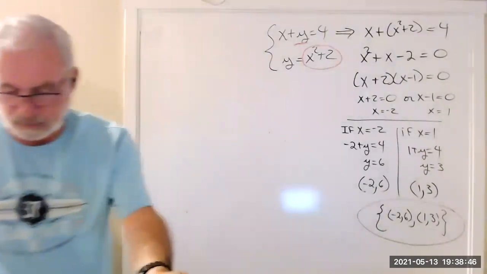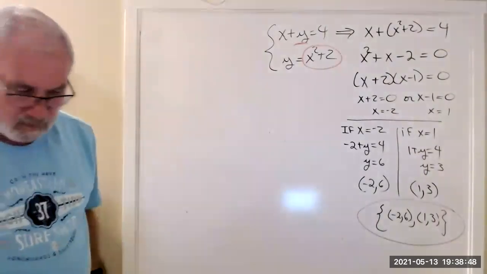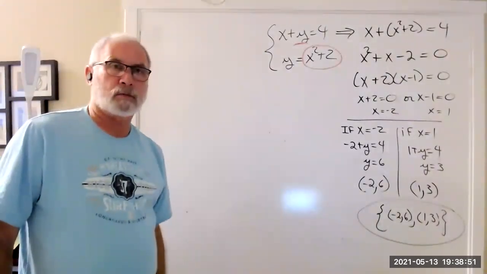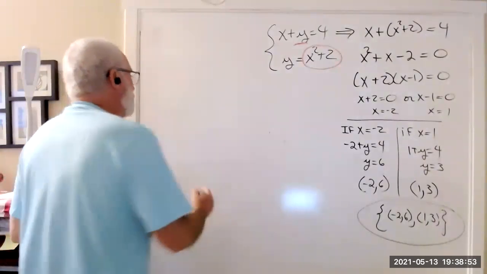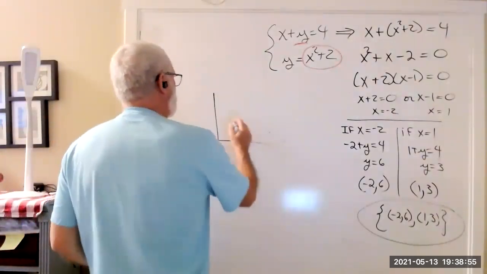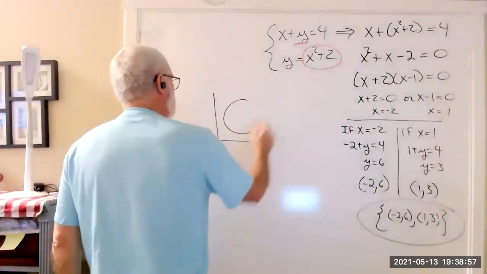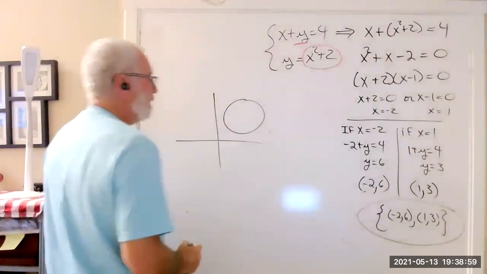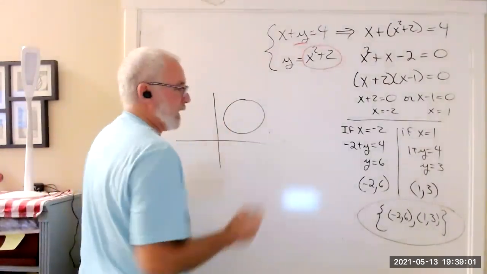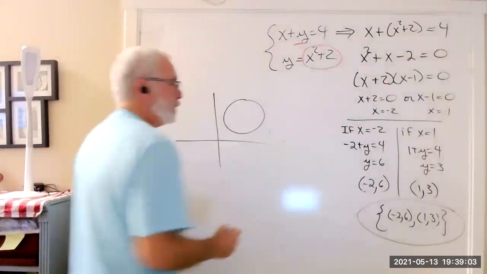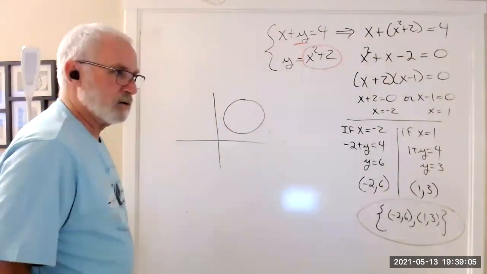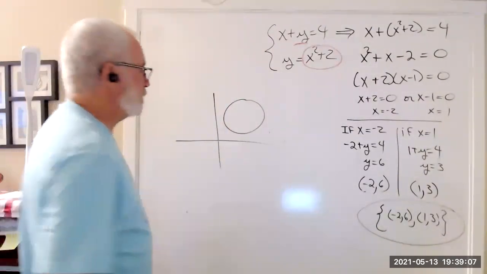Anybody else? Could there ever be 3 intersections? Oh, sure. What if we have a circle, and I want to put a parabola here. You asked for 3 intersections.